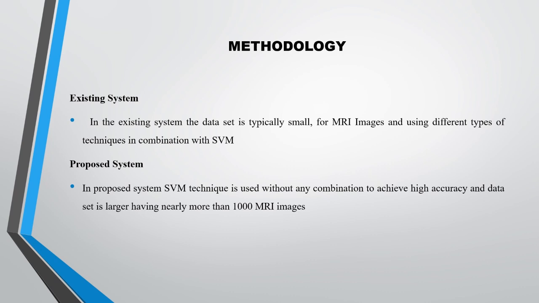Existing system: the data is typically very small, and the MRI images use different techniques in combination with SVMs. The proposed system is used without any combinations, whereas the existing system uses combinations with the SVM and the proposed system doesn't.